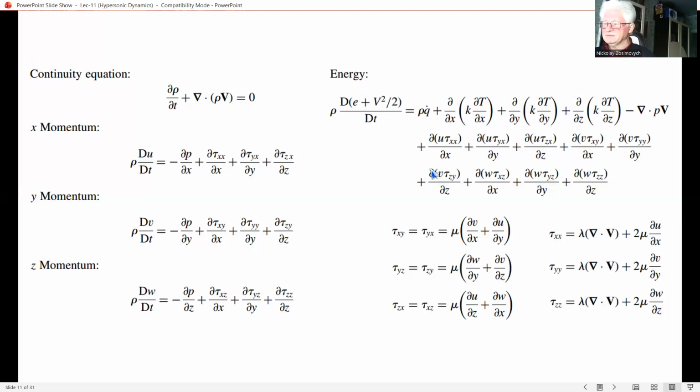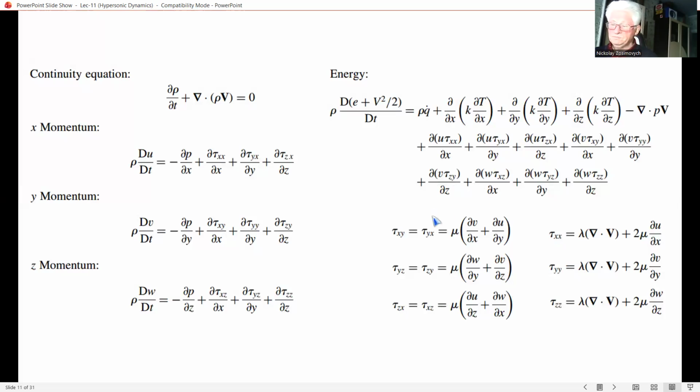In addition to the familiar symbols, we now have the shear stresses, the three components tau xy, tau yz, and tau zx, and the normal viscous stresses, which you see on the right part, tau xx, tau yy, and tau zz, which are related to velocity gradients in the flow via our previous equation.